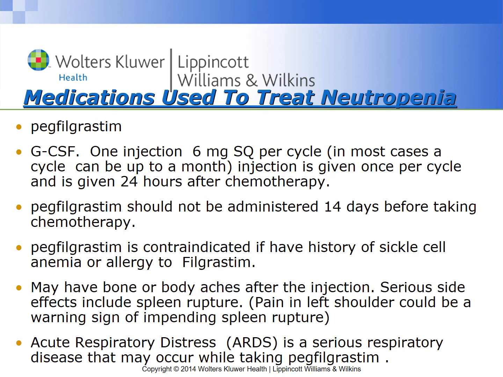It's contraindicated in patients with sickle cell anemia or any kind of allergy to the filgrastim. May have bone or body aches after the injection, and serious side effects are spleen rupture. Pain in that left shoulder could be a warning sign, so we have to watch for that. Also, acute respiratory distress can happen with this, so definitely we've got to be watching for that.